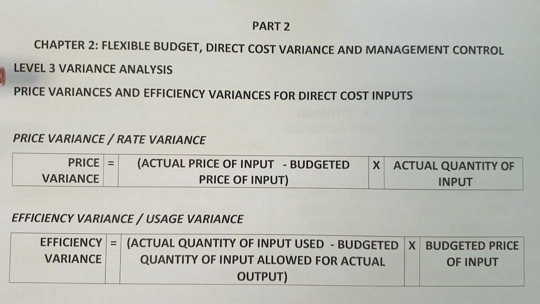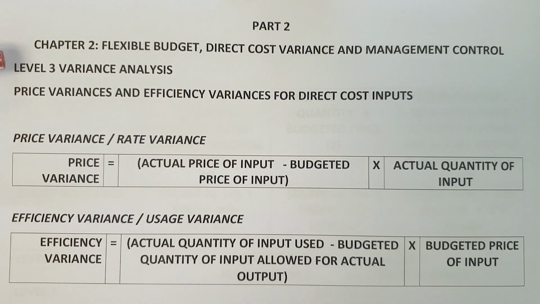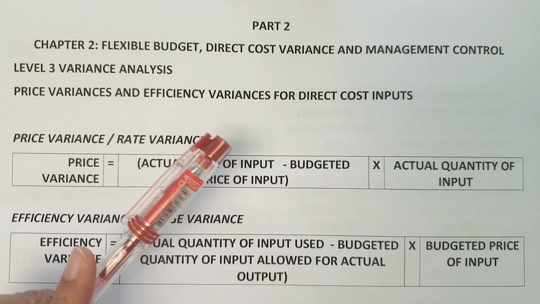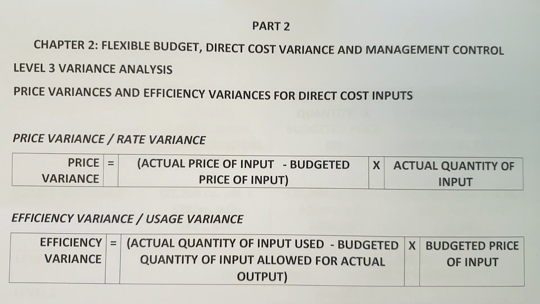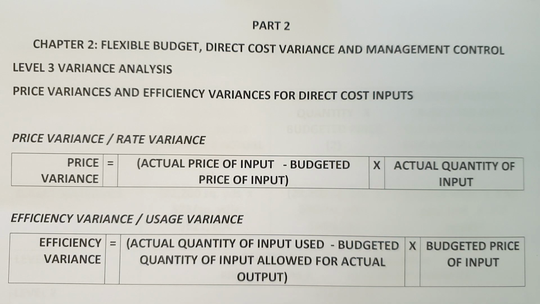In level 3, we are going to calculate another two variances, what we call price variance and efficiency variance, for direct cost inputs, which means for both direct material and direct labor.